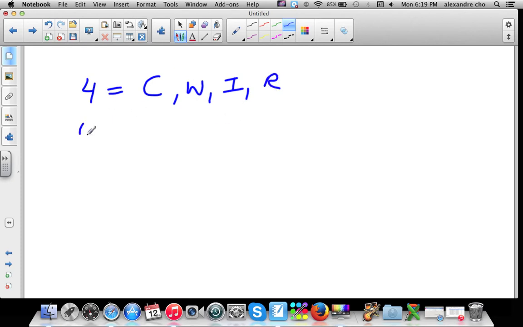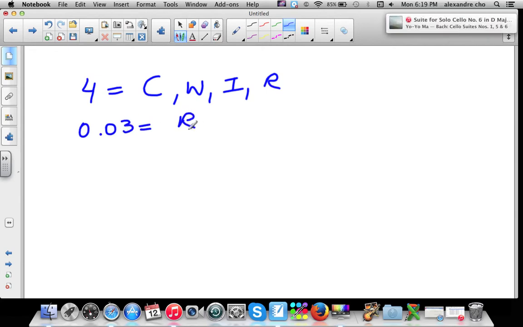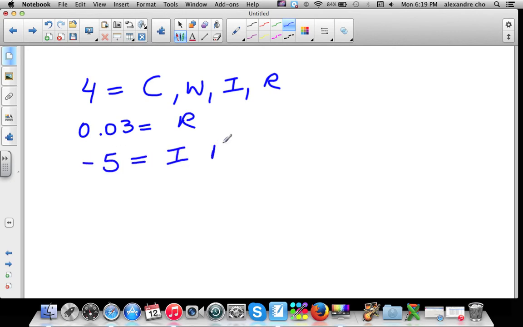Let's do the one next to it. 0.03. It's a rational number because it's a terminating decimal. Okay, a decimal that ends, doesn't go on. So a decimal that ends is a rational number. You can put that as a fraction, 3 over 100. -5, it's an integer and it's rational.